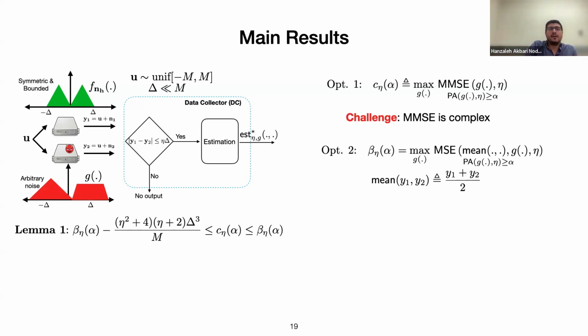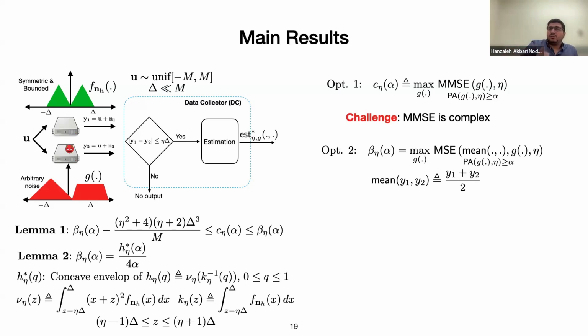Okay? So here, the left side, as M goes to infinity, would be B of eta of alpha, and also the right side is B of eta of alpha. It means that approximately the result of optimization 1 and the result of optimization 2 are equal to each other. Okay.